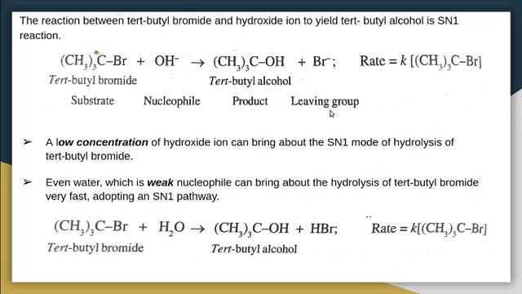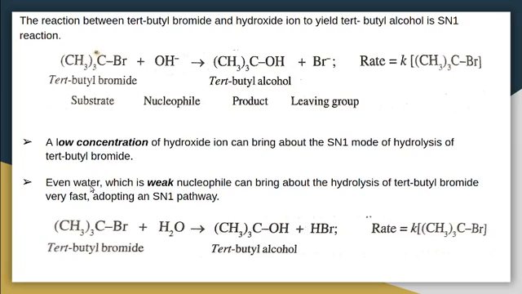So we can use a weak nucleophile or a low concentration of hydroxide ion for the hydrolysis of tertiary butyl bromide. Even a low concentration of hydroxide ion can bring about the SN1 mode of hydrolysis.